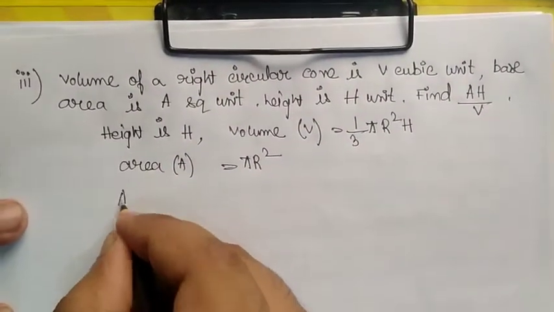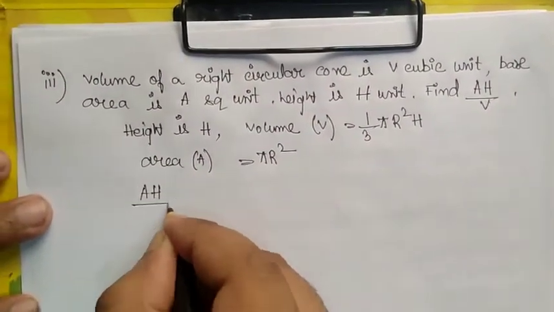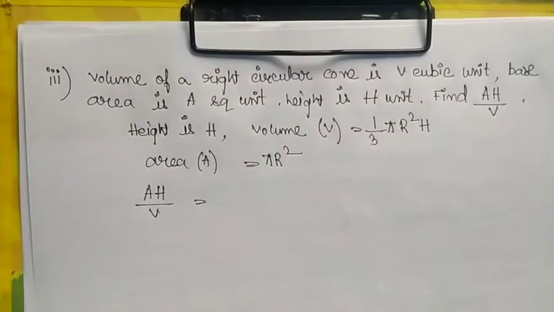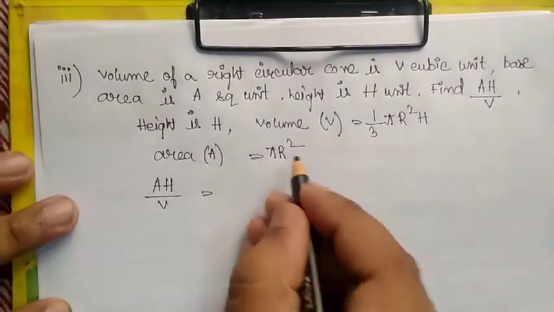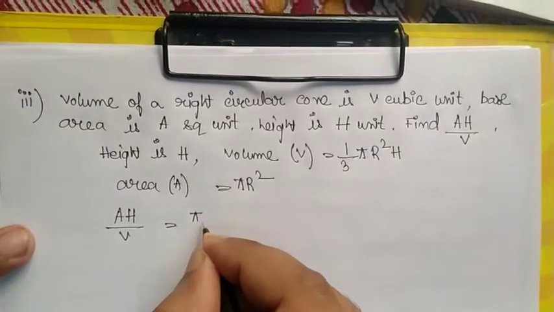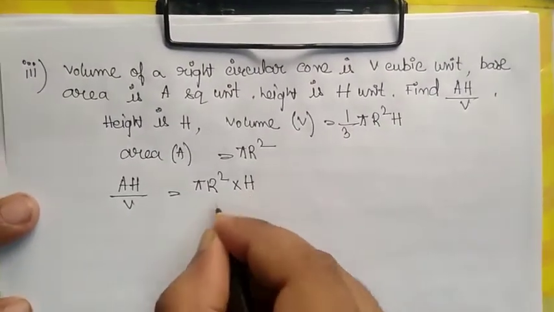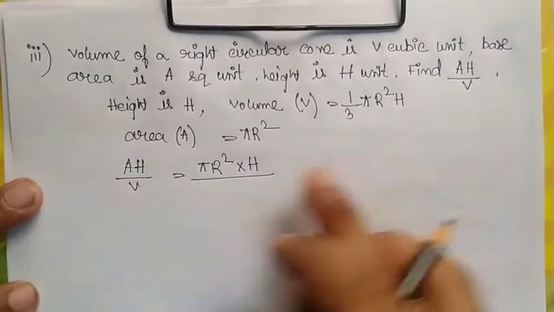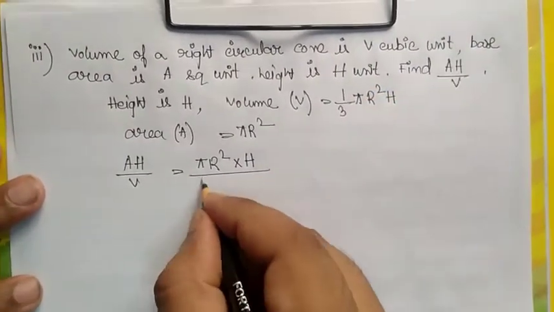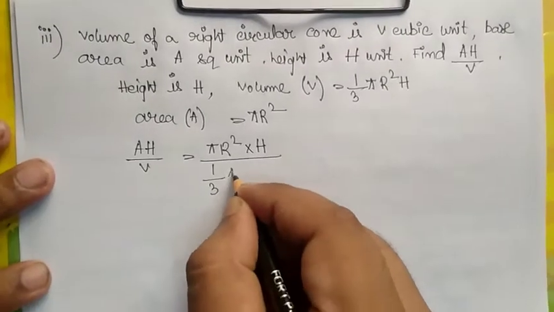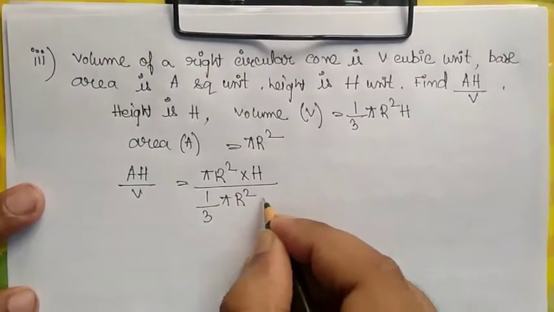So AH by V, just put those formations. What formation? Area means pi r square, so we have to write pi r square. H means H. V means 1 by 3 pi r square H.